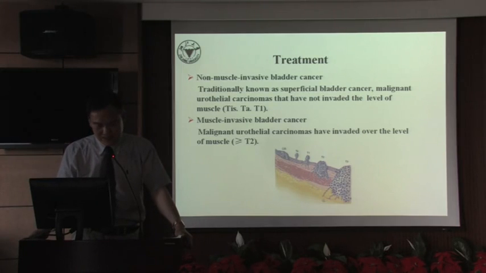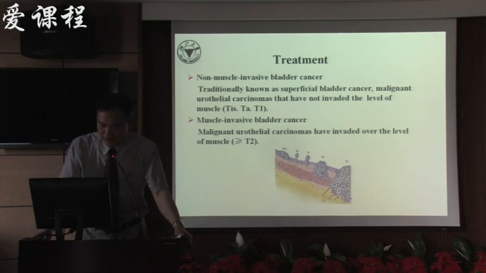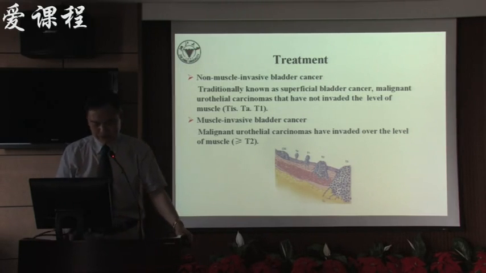Non-muscle invasive bladder cancer is traditionally known as superficial bladder cancer. These are malignant urothelial carcinomas that have not invaded the level of muscle, that is carcinoma in situ, Ta and T1. And muscle invasive bladder cancer is malignant urothelial carcinomas that have invaded over the level of muscle. That means equal or more than T2.